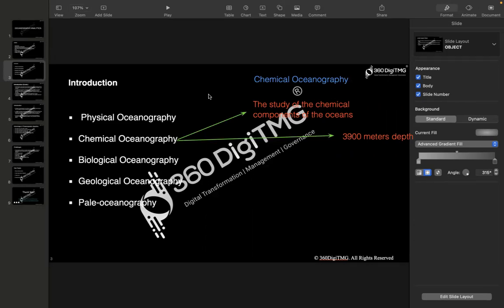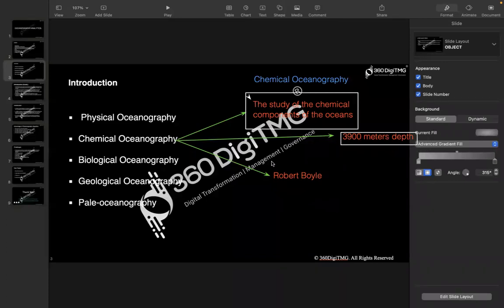I don't know how many of you know, there is one person called the father of chemical oceanography. His name is Robert Boyle.